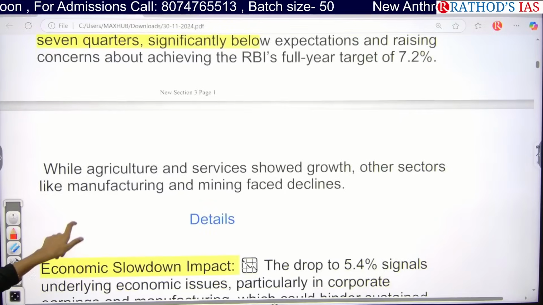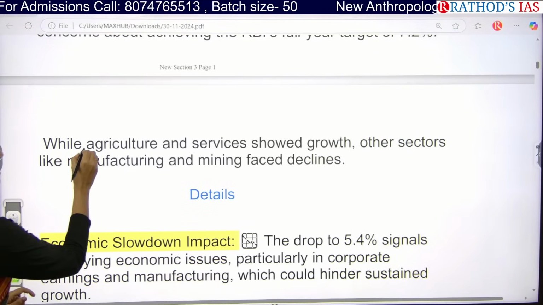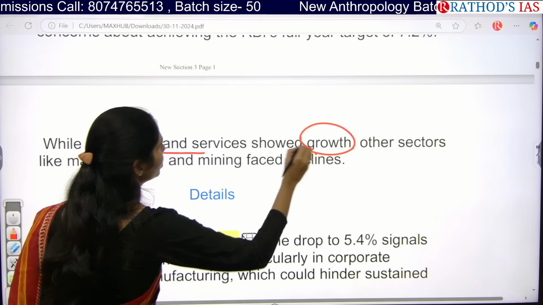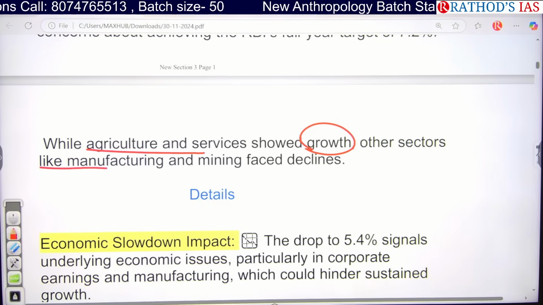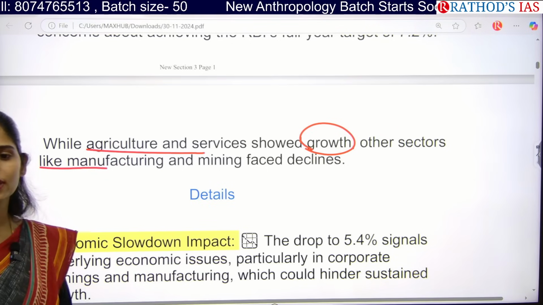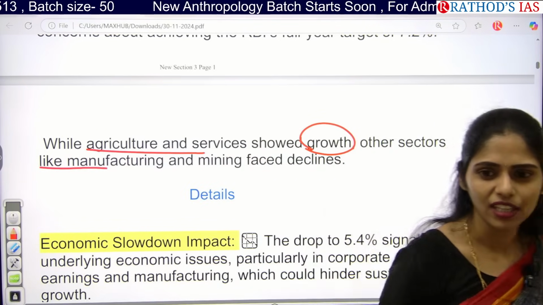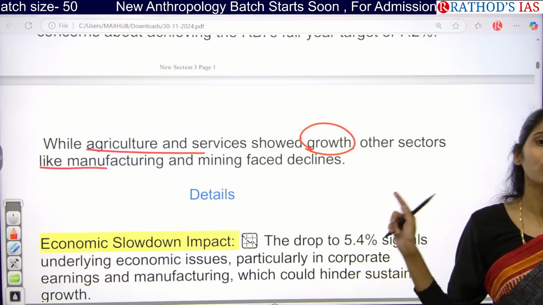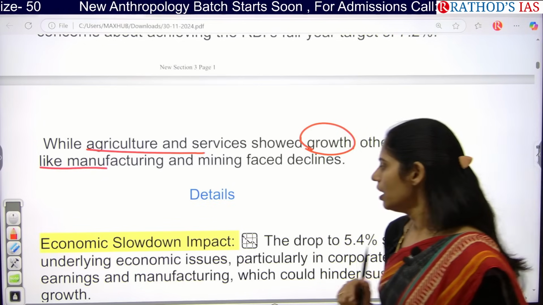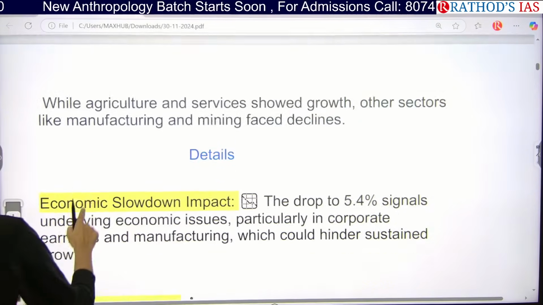This article says agriculture and services show some growth, but sectors like manufacturing and mining are facing declines. Because of this, there is very slow growth of our GDP. Now let us see the key points given in this article.